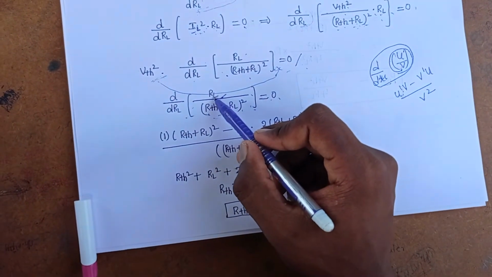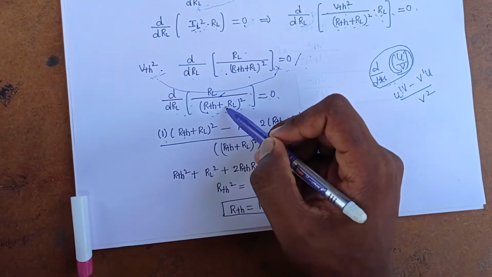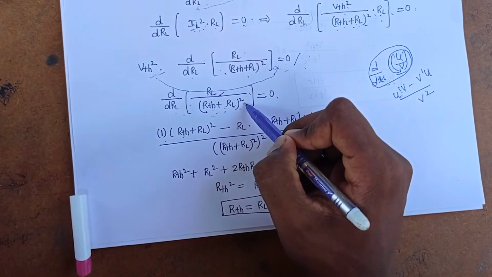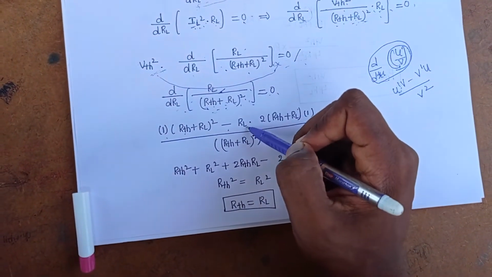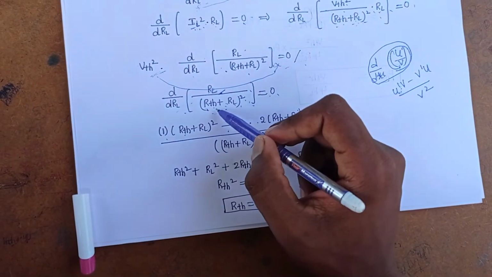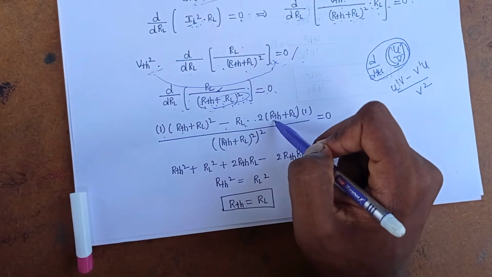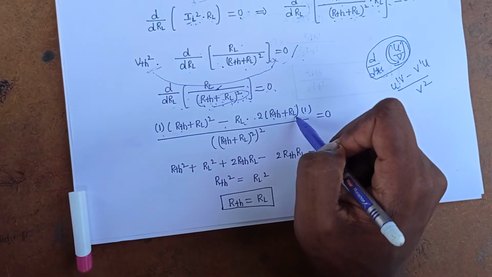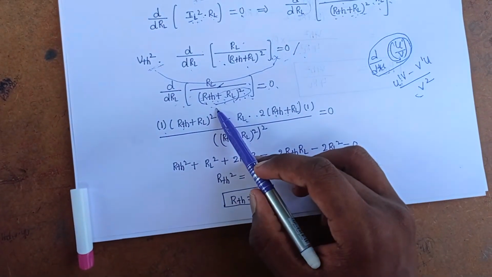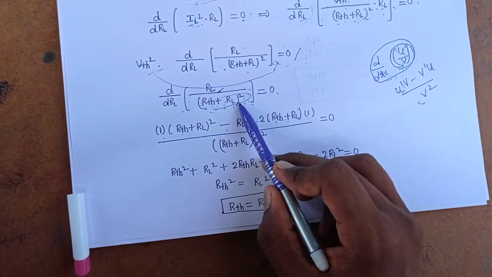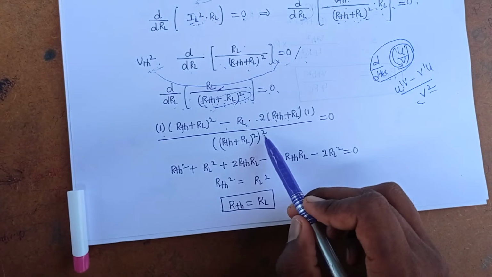First, differentiate RL with respect to RL, we get 1 into v, that is RTH plus RL whole squared, minus u, that is RL, into the derivative of v, which is 2 into RTH plus RL. Divided by v squared, that is RTH plus RL whole squared, squared again.